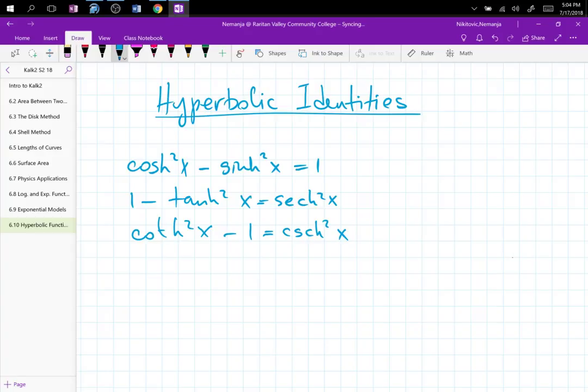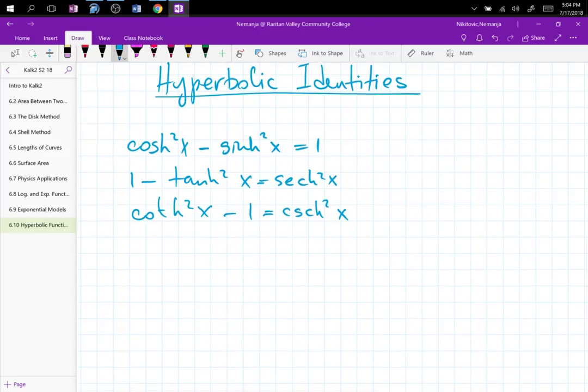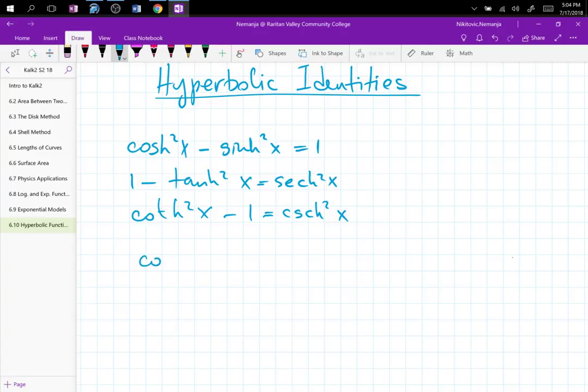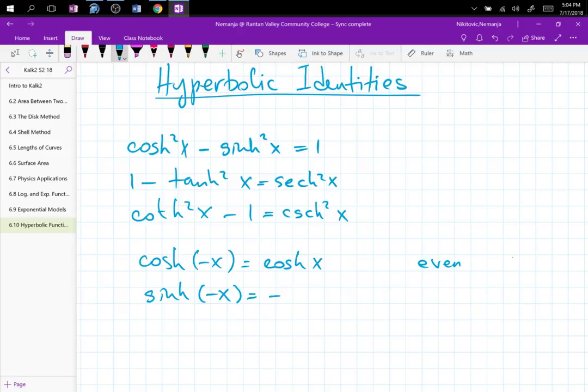We have the even and odd properties. Even and odd properties say that the cosine hyperbolic of negative x is equal to cosine hyperbolic x, which means that's an even function. Then we have sine hyperbolic of negative x is equal to negative sine hyperbolic x, that's odd.